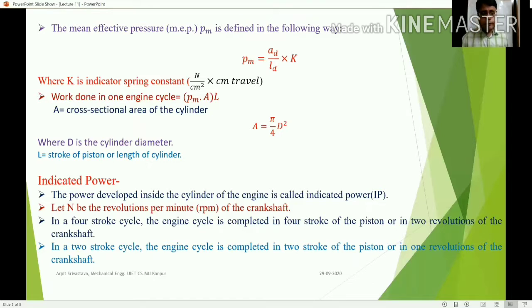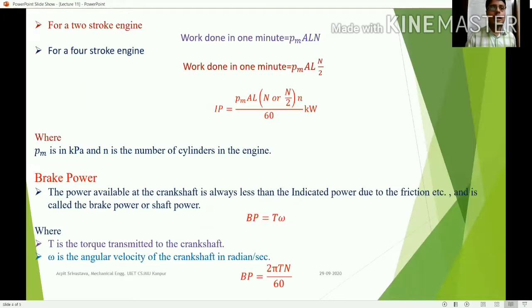So if we want to calculate the indicated power, the expression for a 2-stroke engine is that work done in 1 minute is equal to Pm multiplied by A L N. This expression Pm multiplied by AL is the same as in the previous slide, telling about work done.